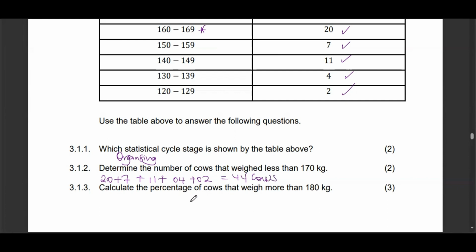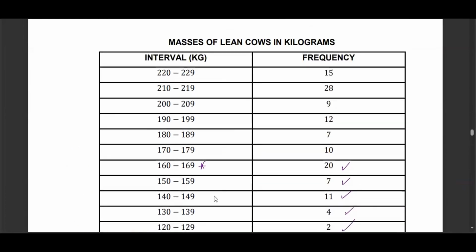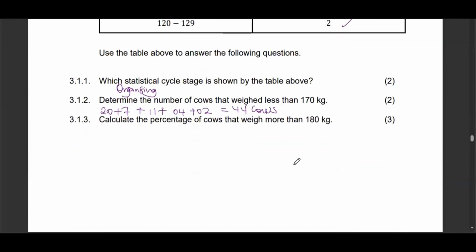Next, get the percentage of cows that weigh more than 108. So more than 108, it's this. So we have 7 plus 12 plus 9 plus 58 plus 15, that is 71. So this is 71 divided by how many cows are there?